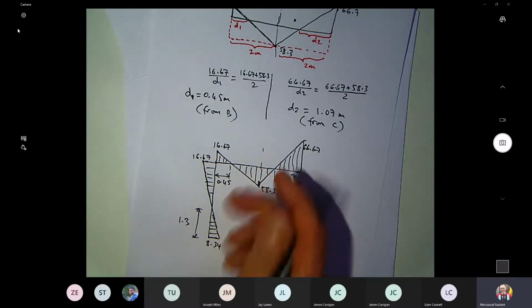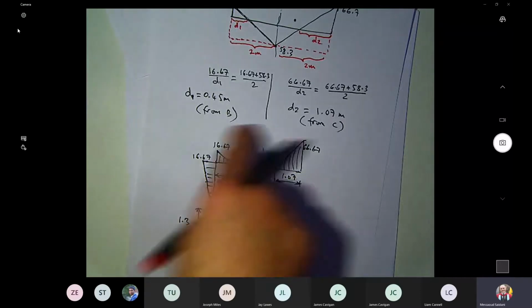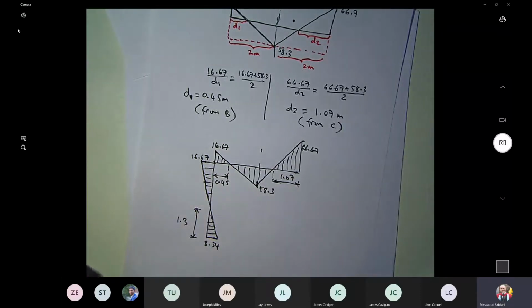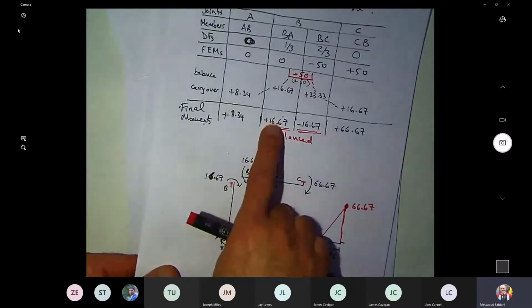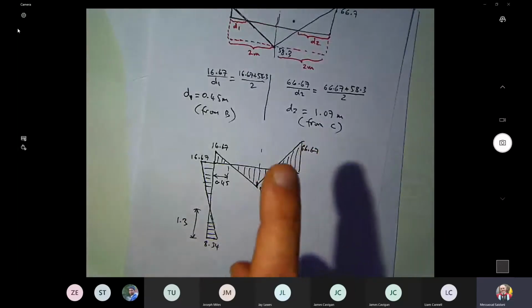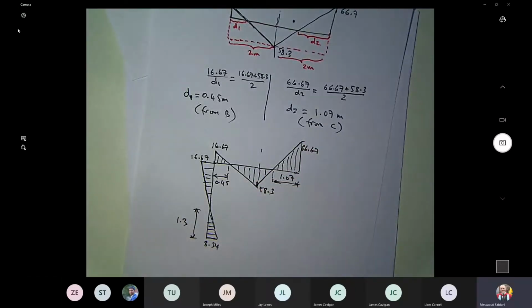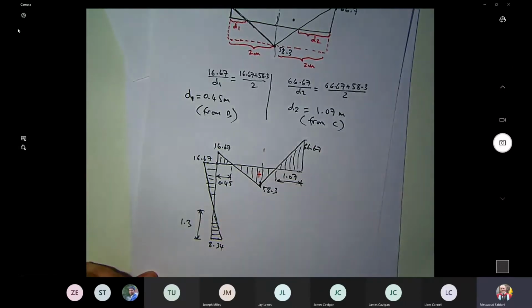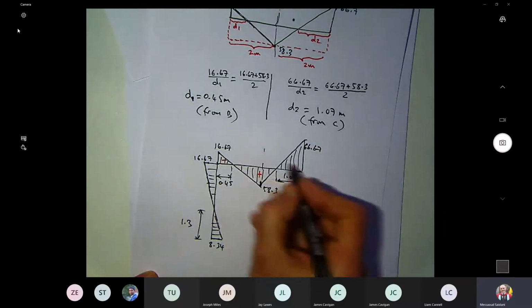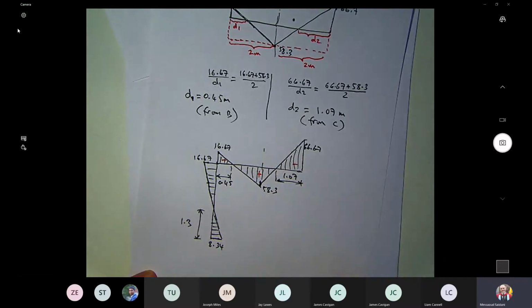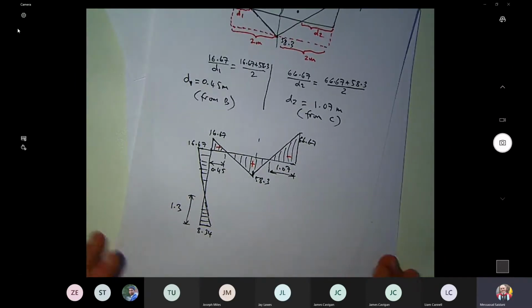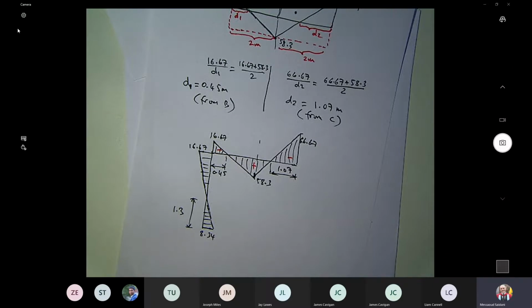If you want to put the signs on the diagram itself, don't put the signs that you've got here in the table. You put the signs in relation to sagging and hogging. Okay, so that would be sagging, that would be minus, that would be minus. But I don't ask you to do it. You don't have to do that. Okay, but if you don't want to do it, that's fine.